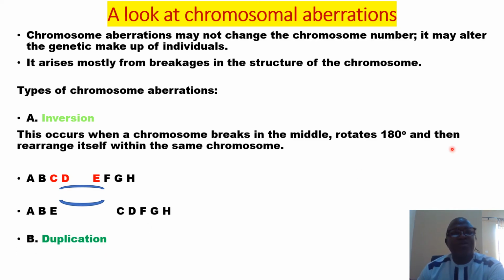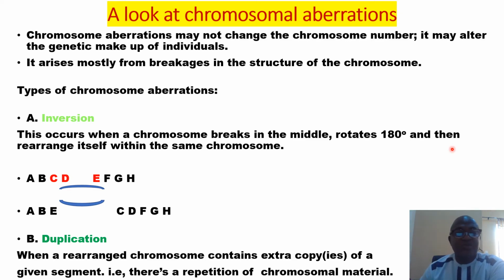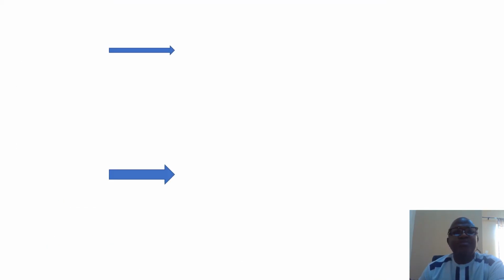Another chromosomal aberration is duplication, which is when a rearranged chromosome contains an extra copy or copies of a given segment. That is, there's a repetition of the chromosomal material. This is an example of a duplication.